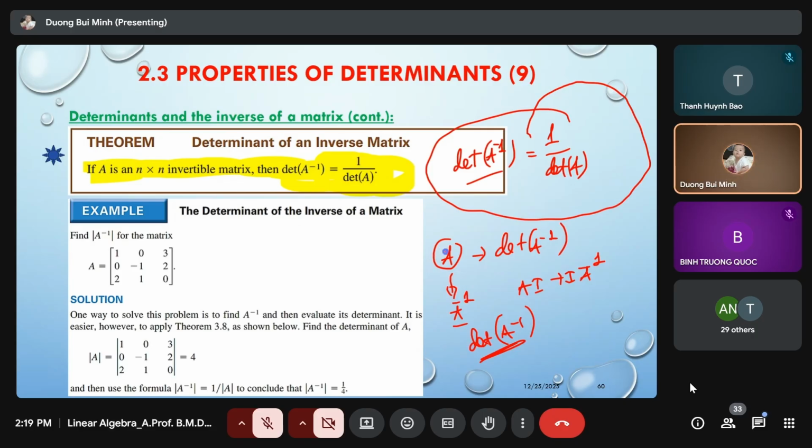When you get A, you try to get the inverse of A and then calculate the determinant, which takes more time. So I emphasize to you, try to remember, take some notes, and add these notes into the cheat sheet for the final exam. If you attend my lectures, I also emphasize the important things to you.